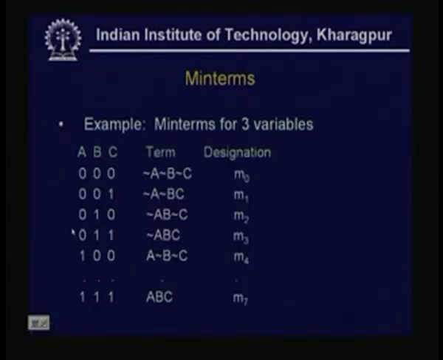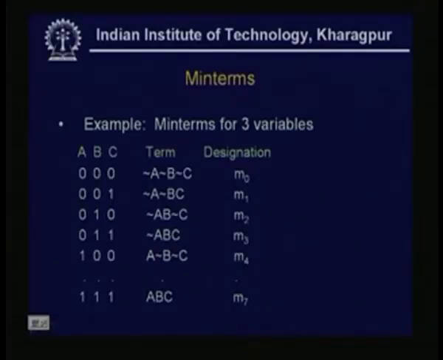Now, we take that terms, or normally, how do we conventionally designate these min terms? See, these are the 3 variables A, B, C. Just now I have shown these are the terms.